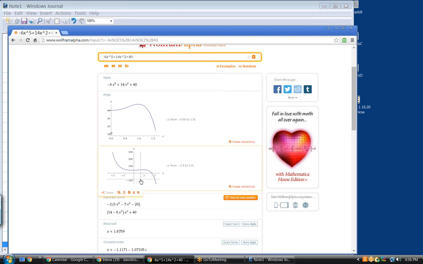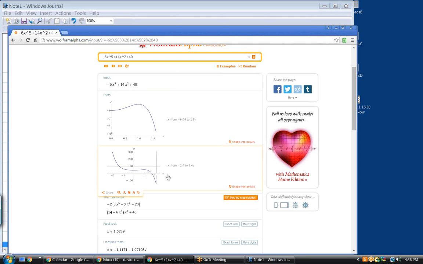If we look at the zoomed out chart, we can see that there is no absolute maximum. The absolute maximum is infinity. It doesn't show it, but if I go far enough to the left, this function will keep going to positive infinity, right?